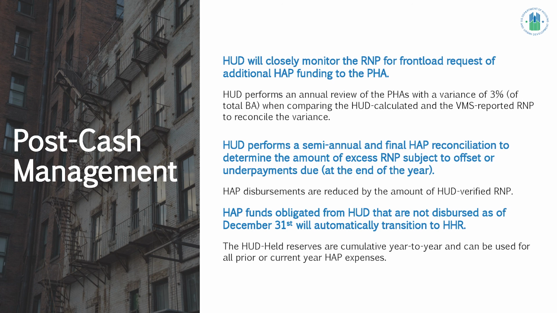HAP funds obligated that are not disbursed as of December 31st will automatically be transitioned to HUD held reserves, meaning your annual budget authority will be transitioned to HUD held reserves, and this funding can be used next year for future HAP costs, subject to any possible offset of funding. These reserves are cumulative from year to year.